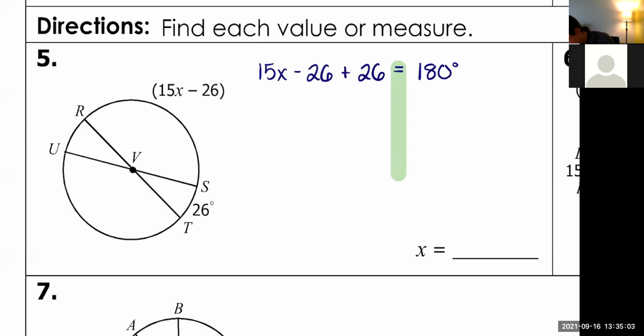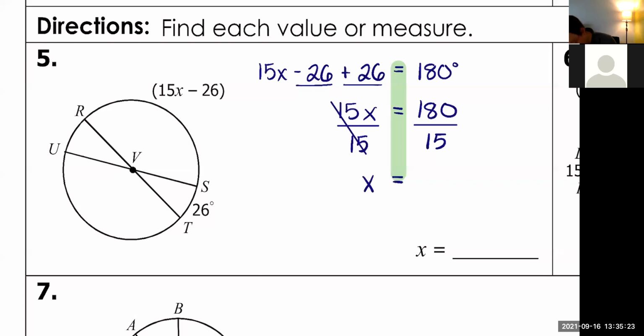Combining like terms here, negative 26 and positive 26 actually eliminate each other, leaving me with 15x equals 180. Divide both sides by 15. What do you get for x? 12.